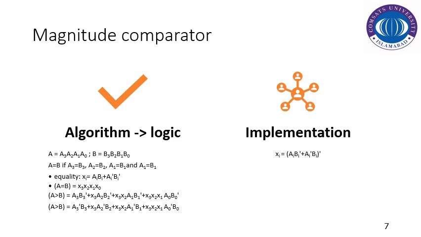To check the equality, the bit xi represents the equality at that particular placement, which is equivalent to ai into bi or ai prime into bi prime. That is the term for the exclusive NOR operation. We also know that exclusive NOR produces 1 if both the inputs are equal. So if the product of x3, x2, x1 and x0 is high, or equal to 1, then we can say that A is equal to B.